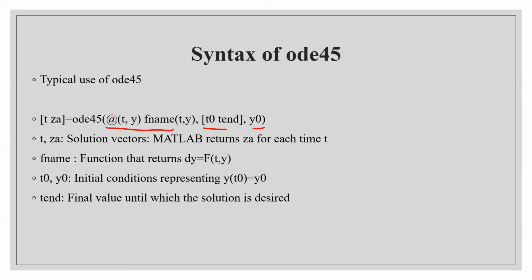This is a pointer to the function, which is nothing but the differential equation, whatever is on our right hand side. We have to write that as the first argument.